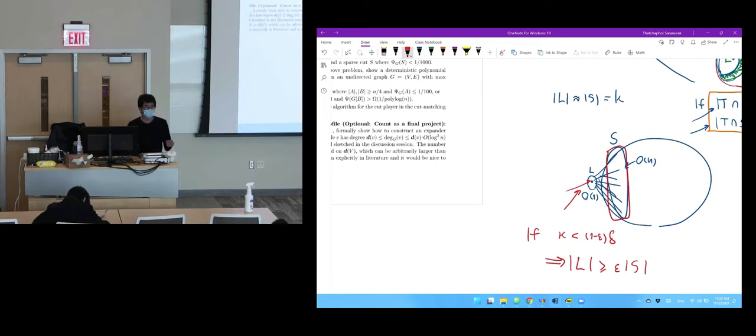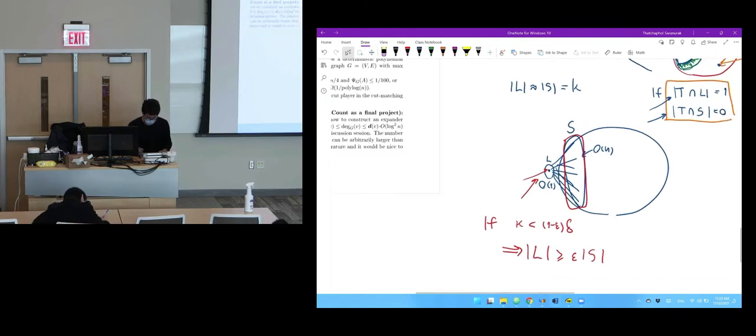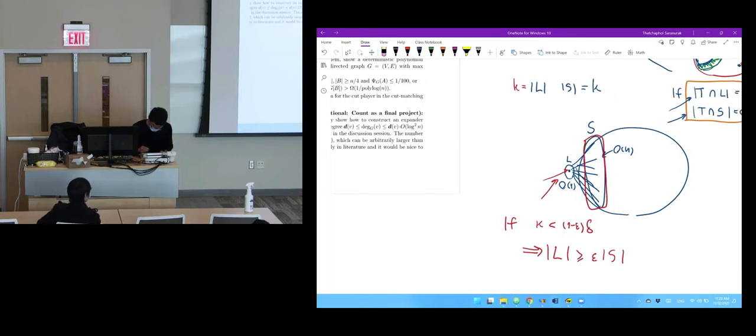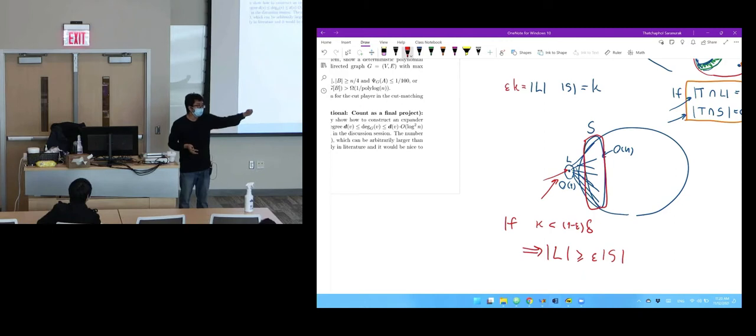Once this happens, suppose that S is K but L is epsilon K. If you sample with probability 1 over K, then you avoid everything in S with some probability. But if you try 1 over epsilon times, then one of the terminals will be in L.